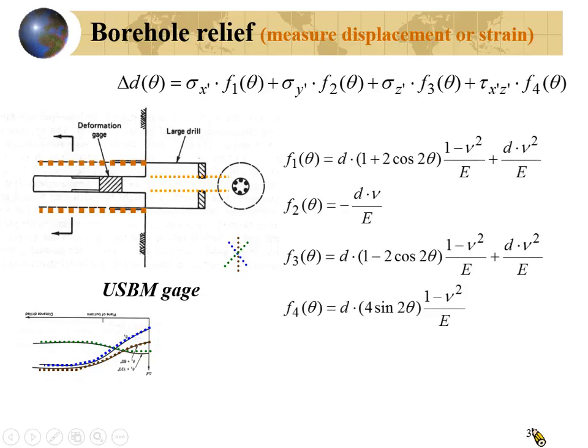So the function there will be a function of theta and the elastic constants, because it is the relation between displacement and stress. So you should have some elastic constants involved. Then how do we get those elastic constants?